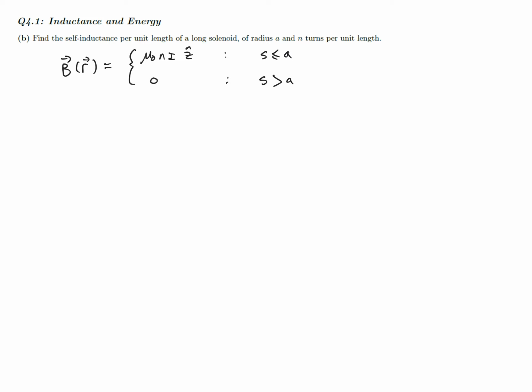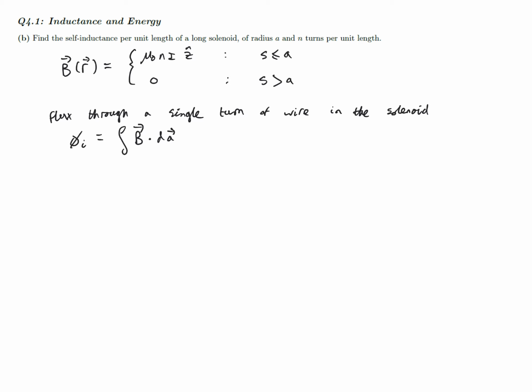And what I would like to know is the flux through a single turn of wire. We're talking about the magnetic flux, of course. So let's call this flux through a single turn of wire phi I, and that's going to be, by definition, the magnetic field dotted into the vector area of that loop.